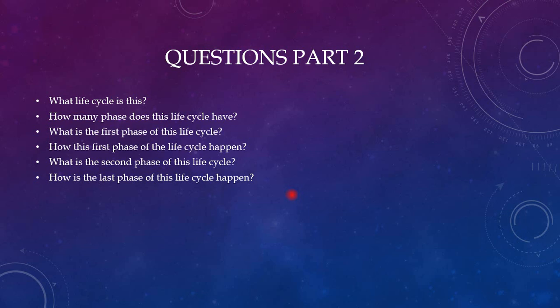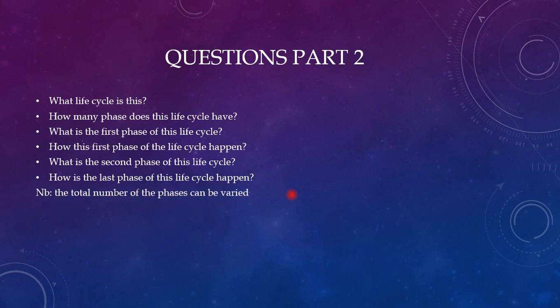So like the butterfly before, it may be four phases, but if you go to another life cycle, it may have more or fewer phases. Okay, so it depends on the life cycle that you choose, and you answer what is the first phase of the life cycle, and you answer the same questions until your last phase.